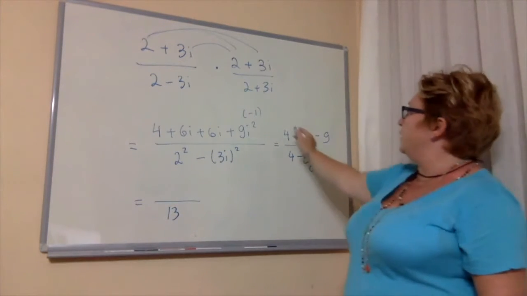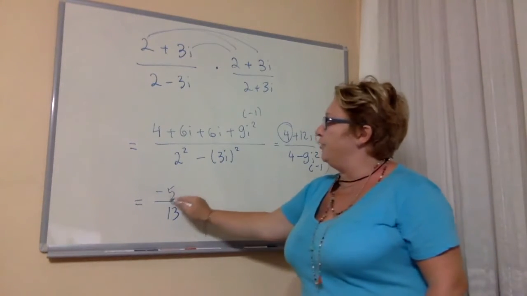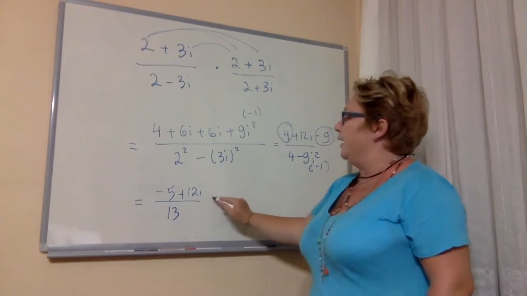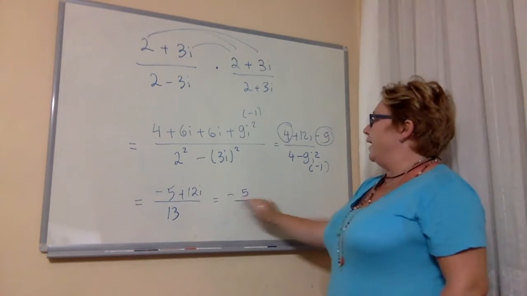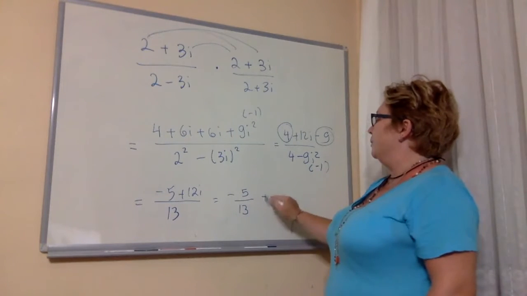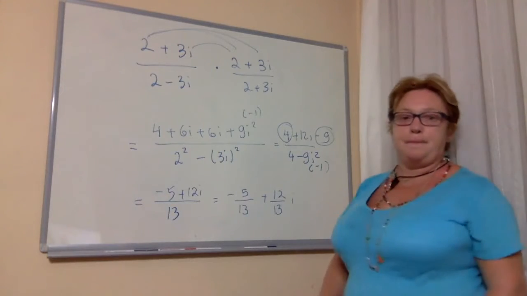And when we combine the real parts now we get negative 5 plus 12i. And if we distribute the 13, we'll get negative 5/13 plus 12/13 i.